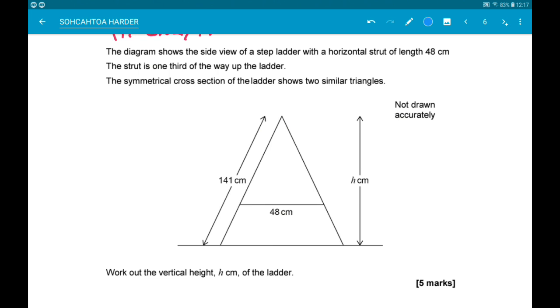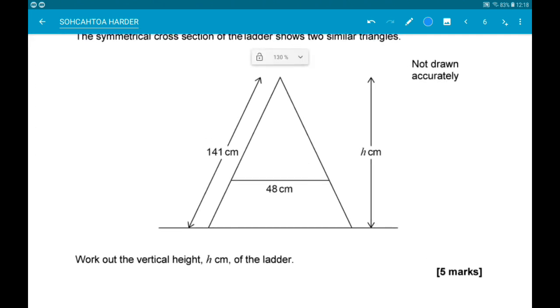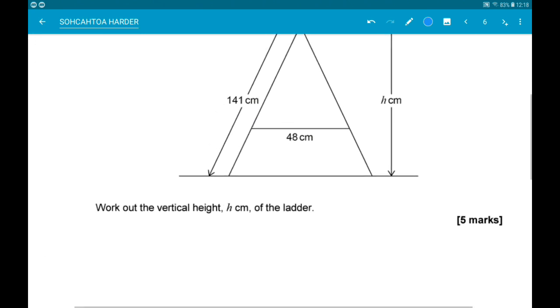Okay, so how are we going to do this? Well, the first thing we're going to deal with is the fact that the strut is 1/3 of the way up the ladder. So, the length of the ladder overall is 141, so 141 divided by 3 gives us 47 centimeters.